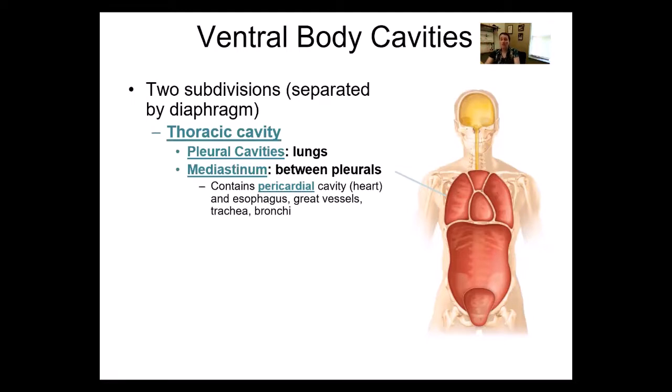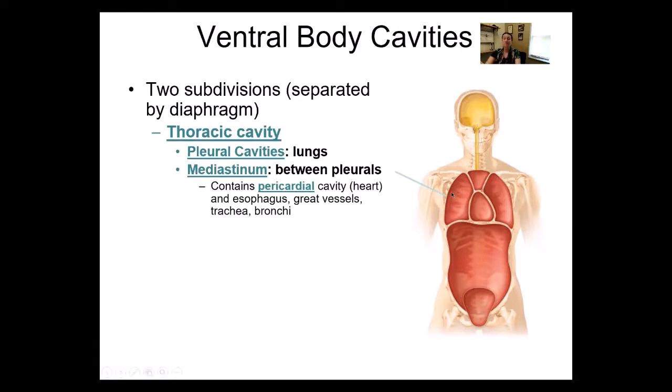Okay, so collectively, the space between the two pleural cavities is called the mediastinum, which encases the pericardial cavity. Right, I encourage you to go back and listen to that again. One of the other things that trips people up is structure versus region versus cavity, all of these different things.